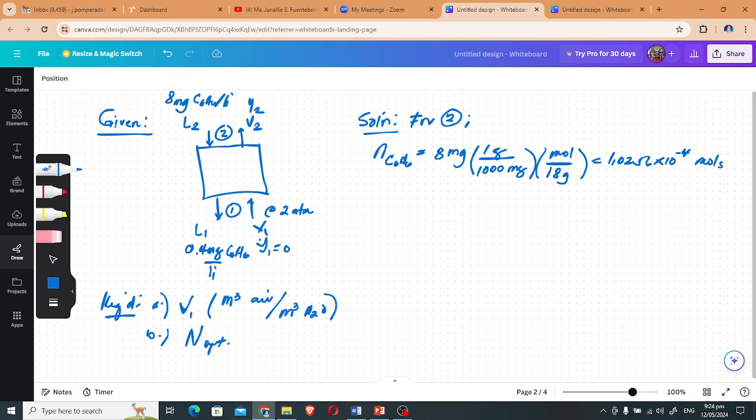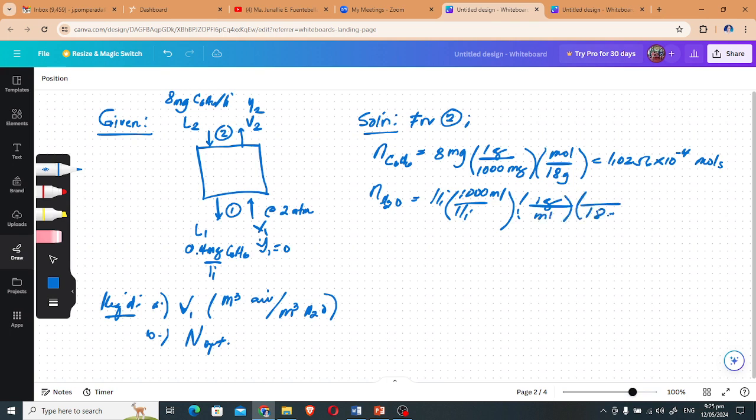So we'll have also moles of water. Since we already use 1 liter of water here, we'll have to consider only 8 milligram mass for benzene. So for 1 liter of water, we just need the density of water to convert it to mass, and then mass to moles. So we'll have 1 liter, for there's 1000 ml for that. Water is 1 gram per ml in density.